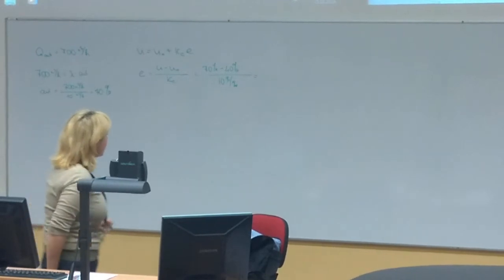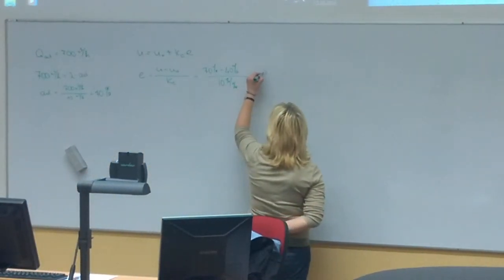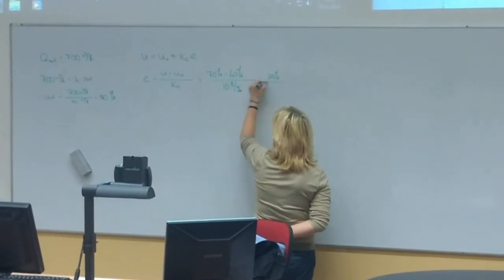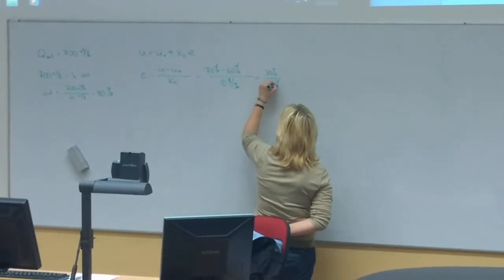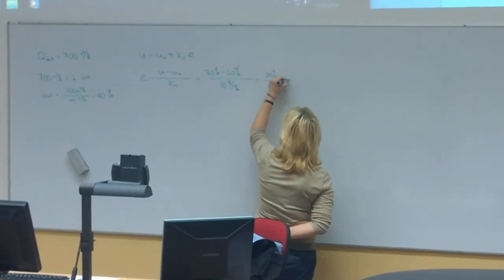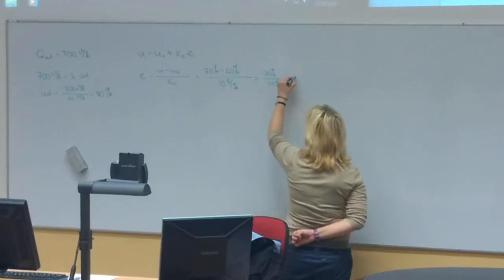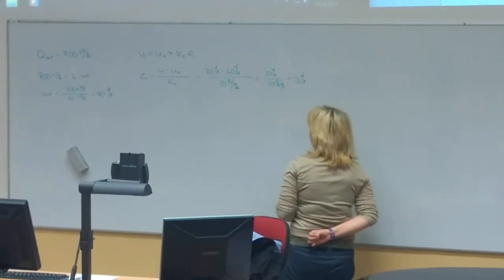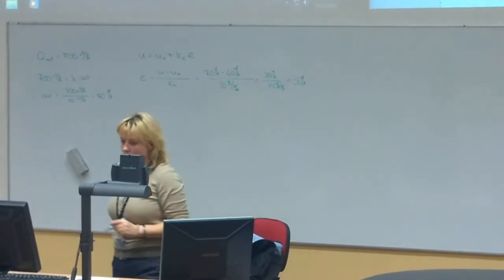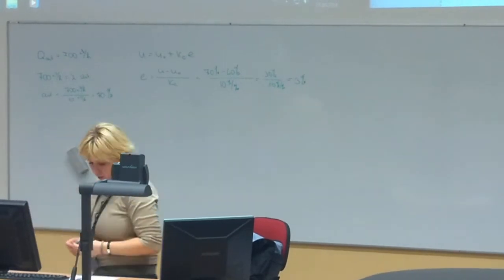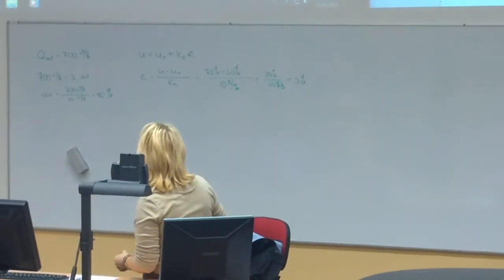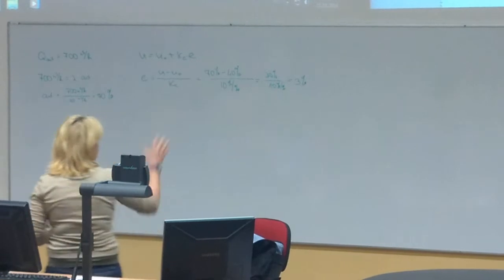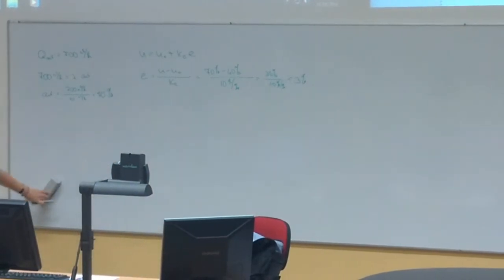So we have 30% divided by 10% per percent, and you will have 3%. So the error of our control will be 3%.